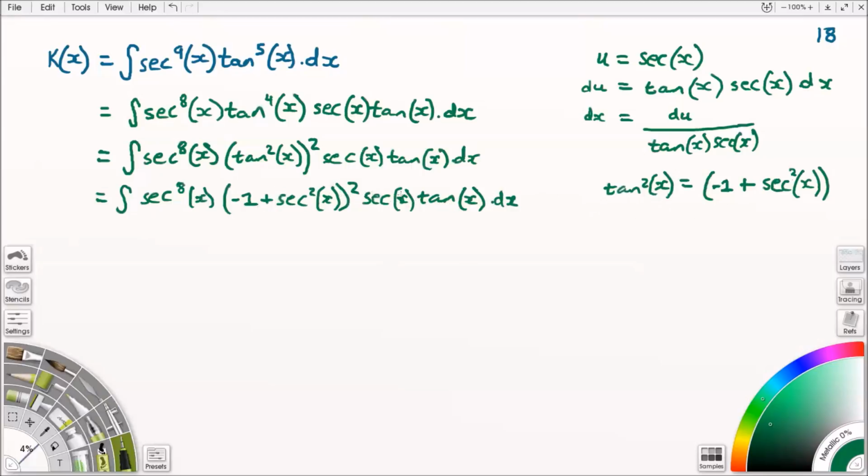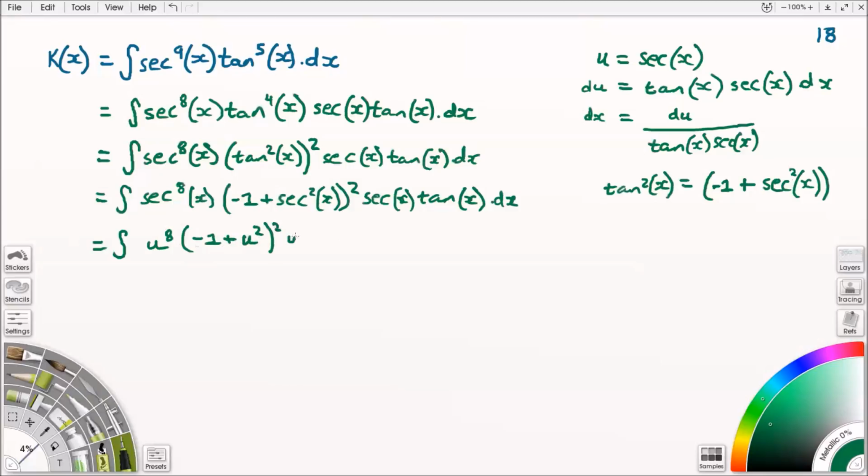Okay. Now from here, we can write it in terms of u and du. So substitute those values in, so we've got u to the power of 8 times negative 1 plus u squared, all that squared.